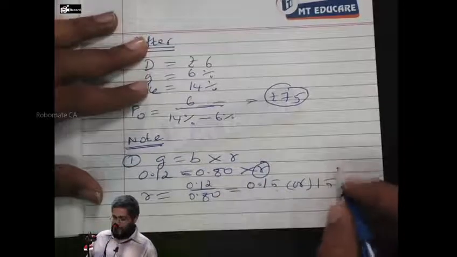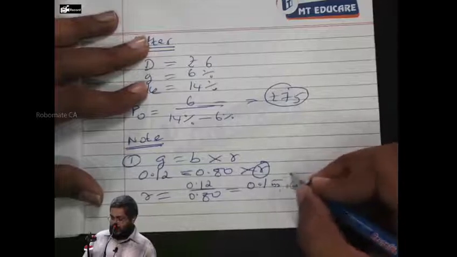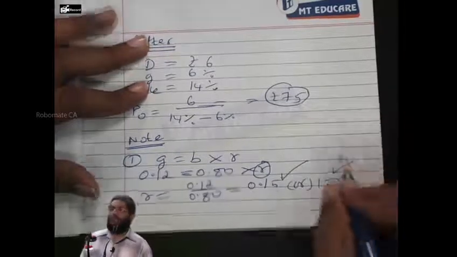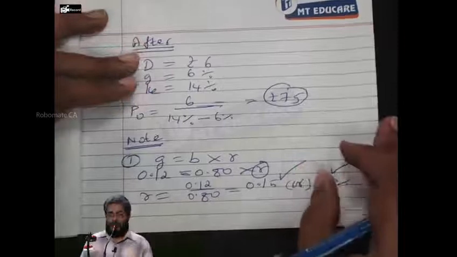R is equal to 0.12 by 0.8. Is equal to how much percent? 15%.